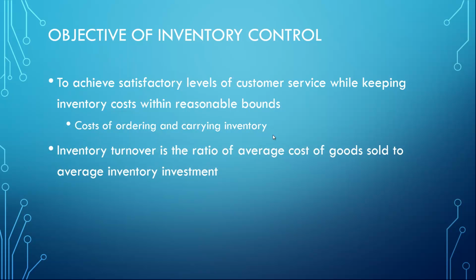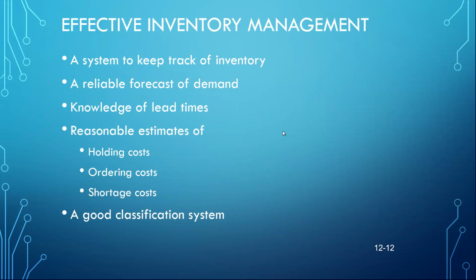Inventory turnover can be defined as the ratio of average cost of goods sold to average inventory investment. An effective inventory management system should keep track of inventory, like the number of items on the shelf, the number of items being processed, the number of items sold, the number of items being ordered, and the number of items being shipped.